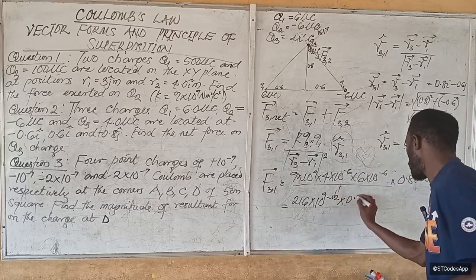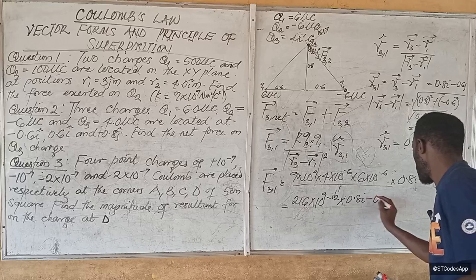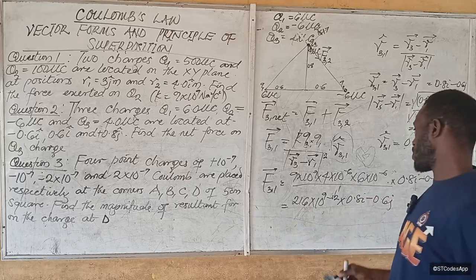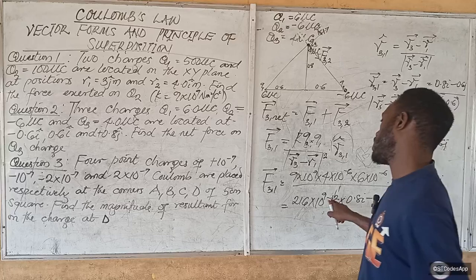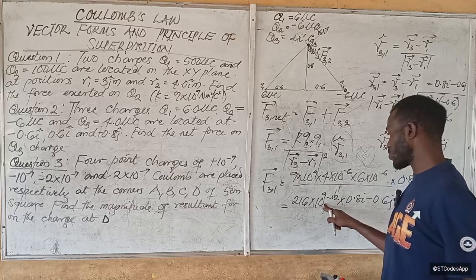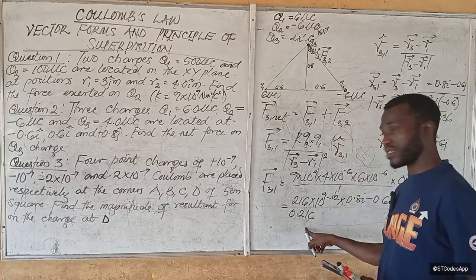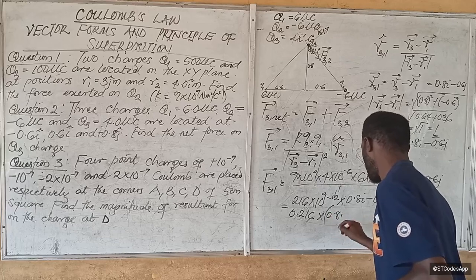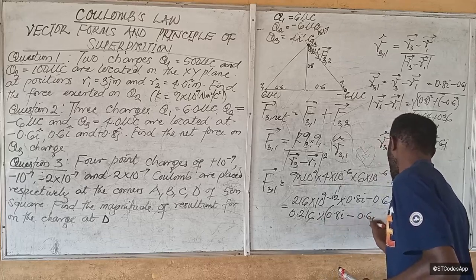Then multiply by 0.8i minus 0.6j. So from here, I'm going to have 0.3, this is 10 raised to the power minus 3. So that is going to be 0.216. Does that make sense? Times this, which is in brackets, minus 0.6j.